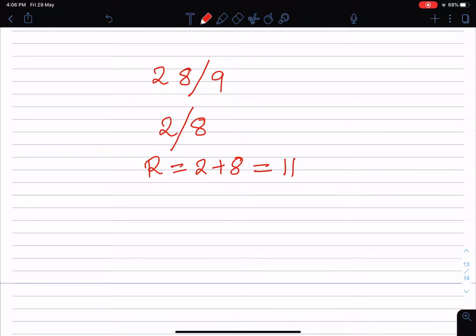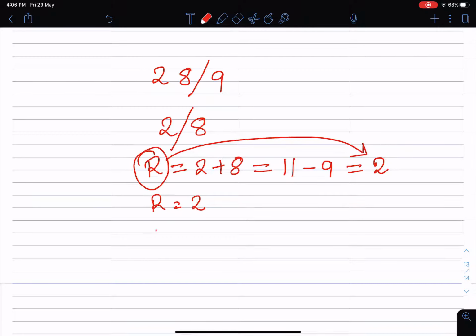Okay. Now, once the number is equal to 9 or more than 9, in that case we simply subtract 9 from that number. Now it will be how much? 2. So my final value of R is 2, so my remainder will be 2.